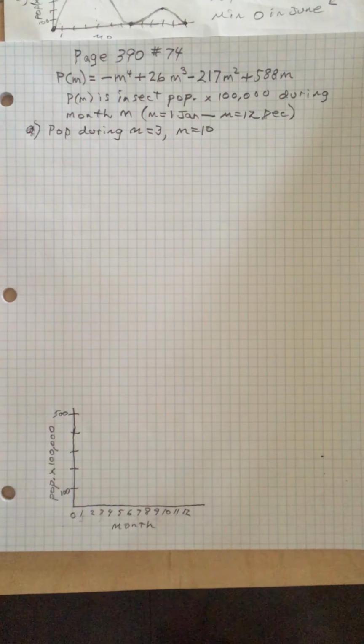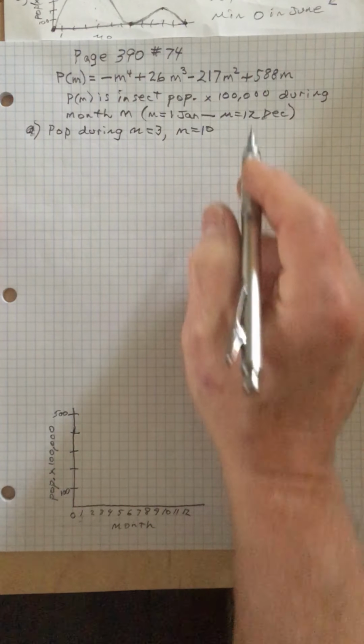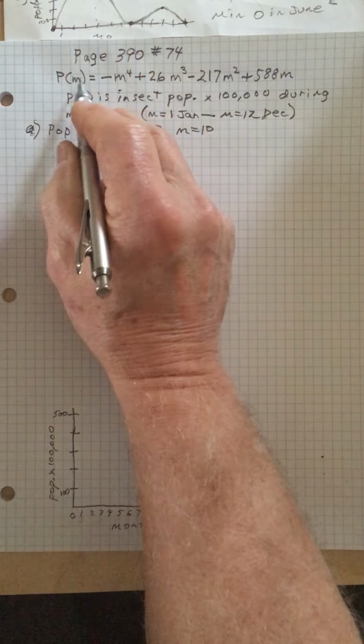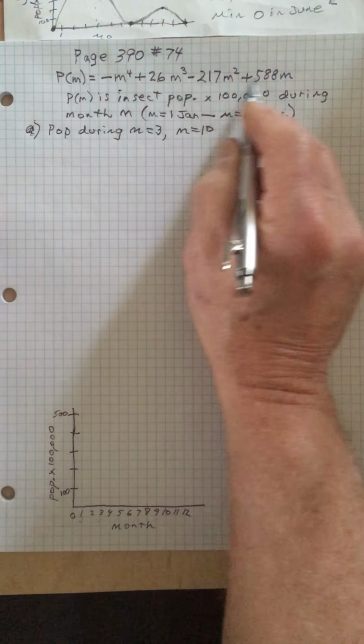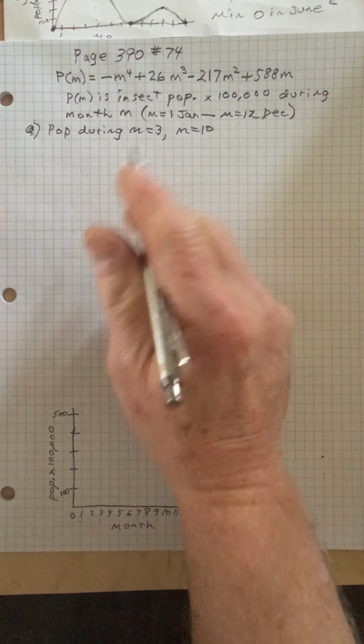I'll do the first one and then just state the second one. You can do it yourself later. All right, you can plug these numbers in here and evaluate this directly, or you can use the remainder theorem with synthetic division, which is probably a lot easier.